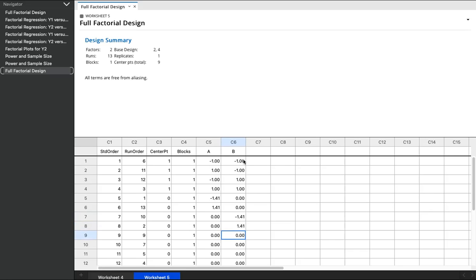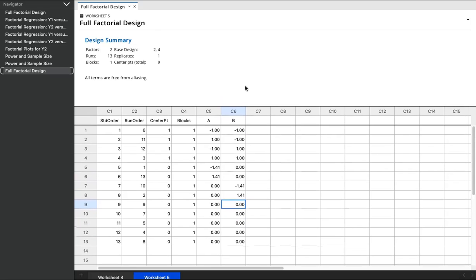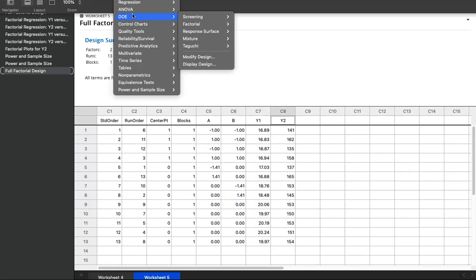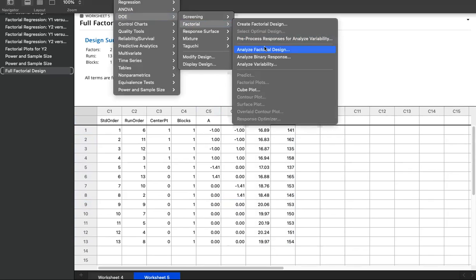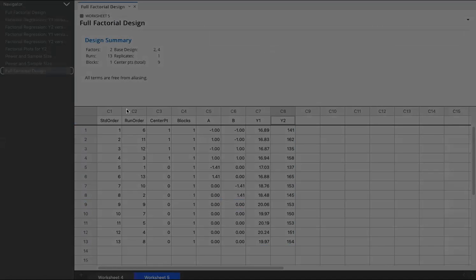Okay, and now I will copy the data from the Excel table. I will put it here. Now, again, analyze factorial design.